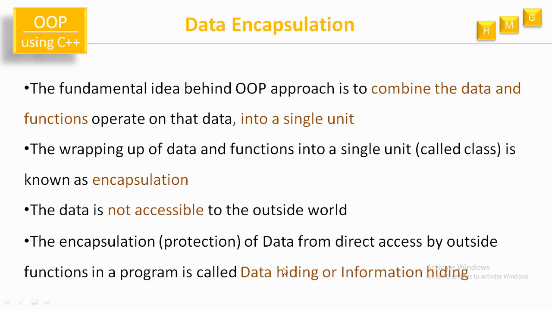The data is hidden within the object and it is protected from the external world, that is, outside the object. That data is not accessible to outside functions. Other functions in other objects cannot access the data within another object, and like this the data is being protected, the data is being hidden, information is being hidden.